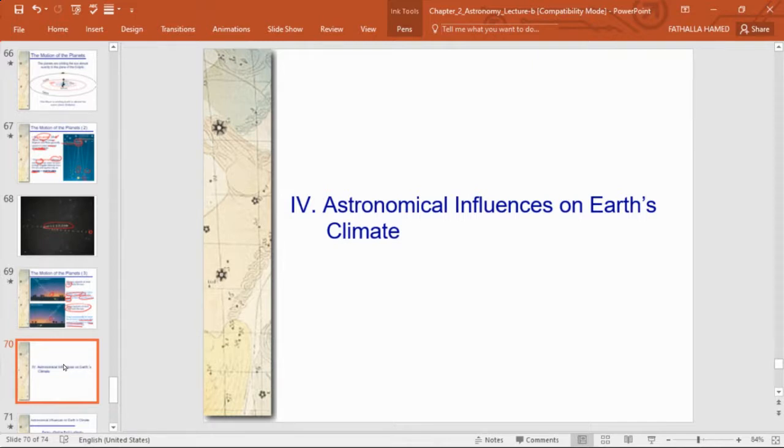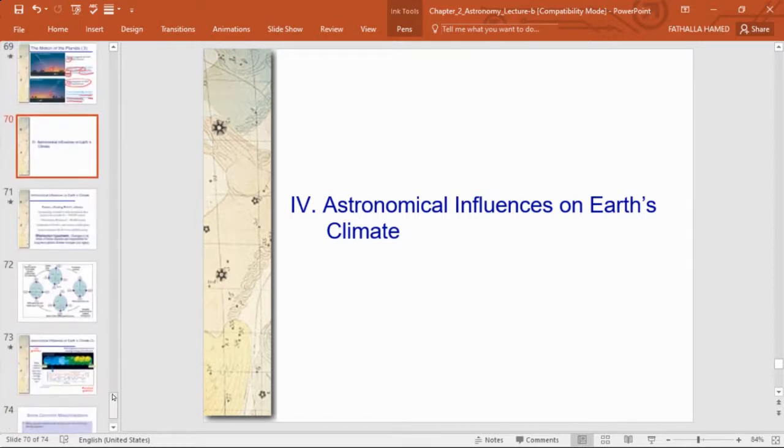And due to the bulge around the equator, the gravitational pull from the Sun and the Moon tilts the axis of rotation, like I gave you the example of the top, and that makes the axis of rotation precess around the normal to the orbit of the Earth around the Sun, and this precession takes 26,000 years.